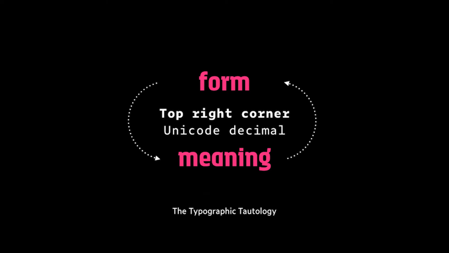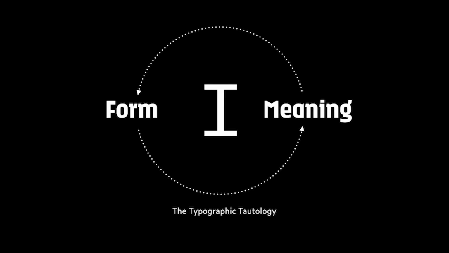And at the end, again, the meaning is depending on the form, and the form is depending on the meaning. That's how letters work. The A is the A because it looks like an A. A letter which looks like a B cannot be an A. So it's, again, this link between the form and the meaning.